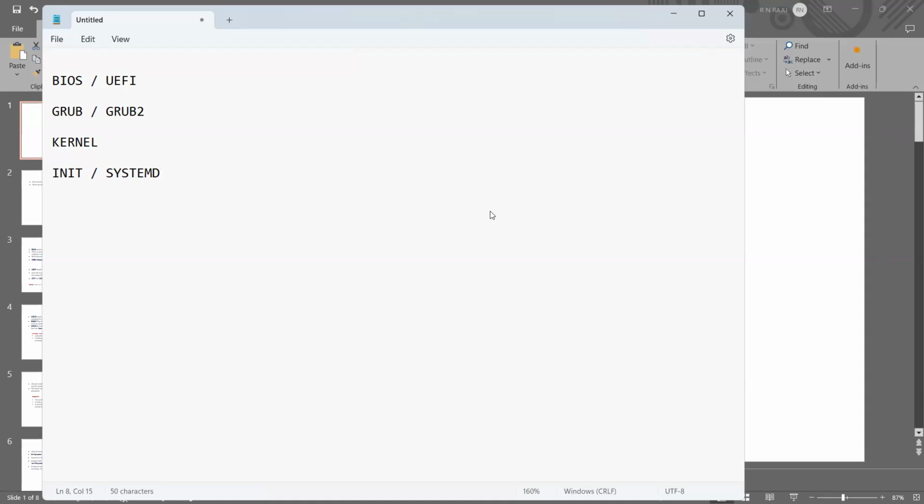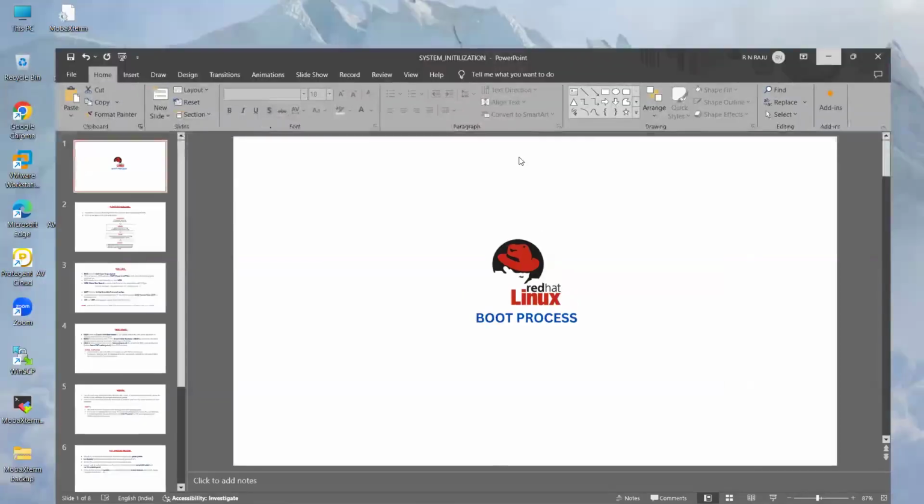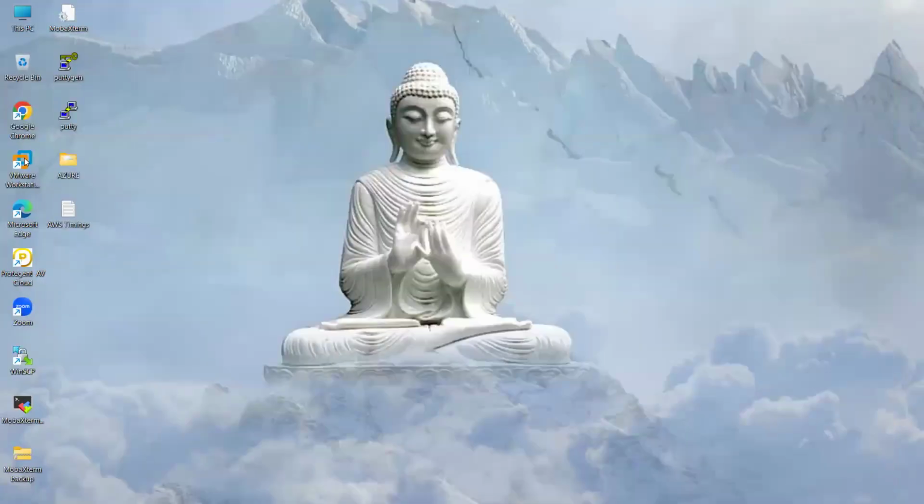So once again, what is meant by booting process? A boot process consists of a set of processes from the power on of the machine until the login prompt comes. So, when you power on your Linux computer, what is meant by boot process exactly?